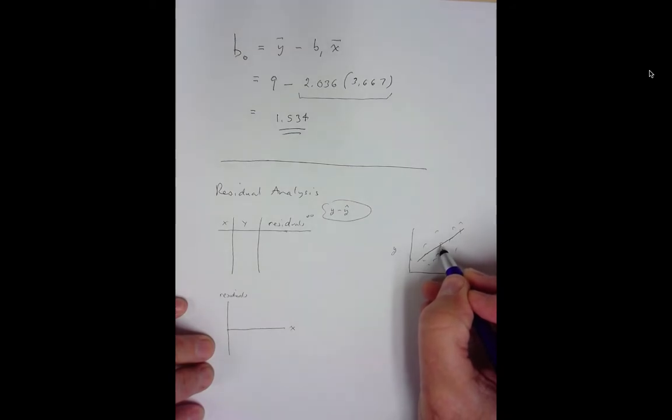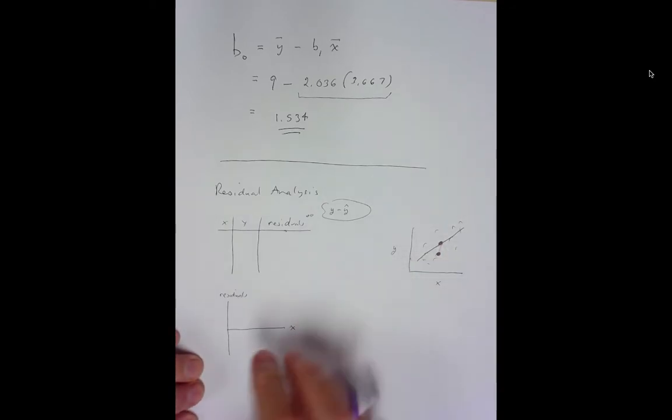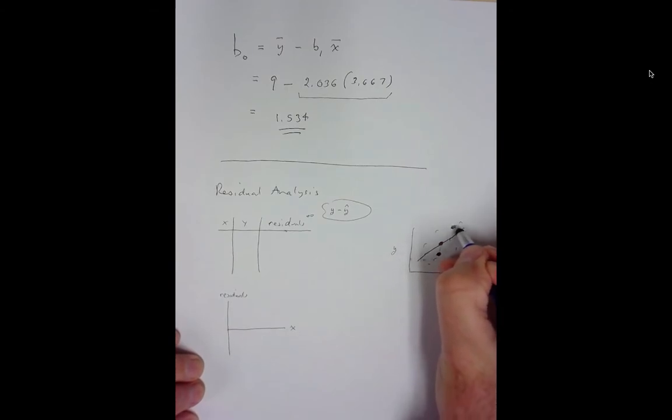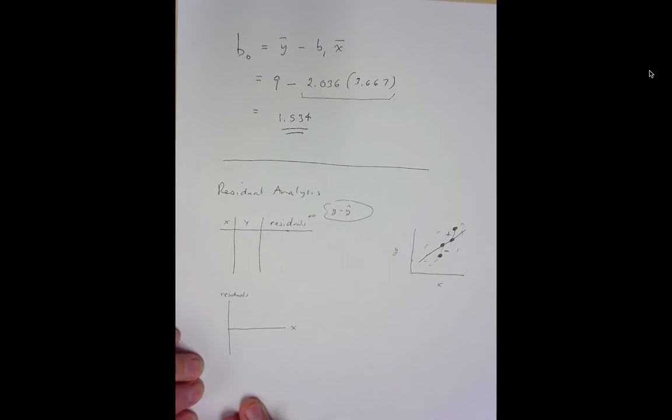These values below the line have an observed value that's less than the predicted value, so their residuals are going to be negative. These values here have an observed value that's higher than the predicted value. These residuals are going to be positive. These residuals will be negative.